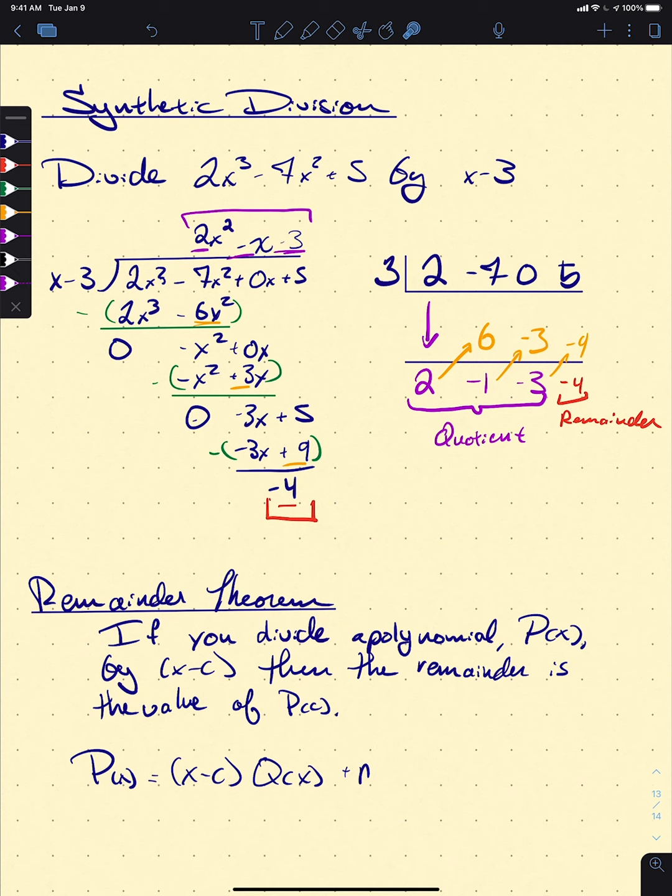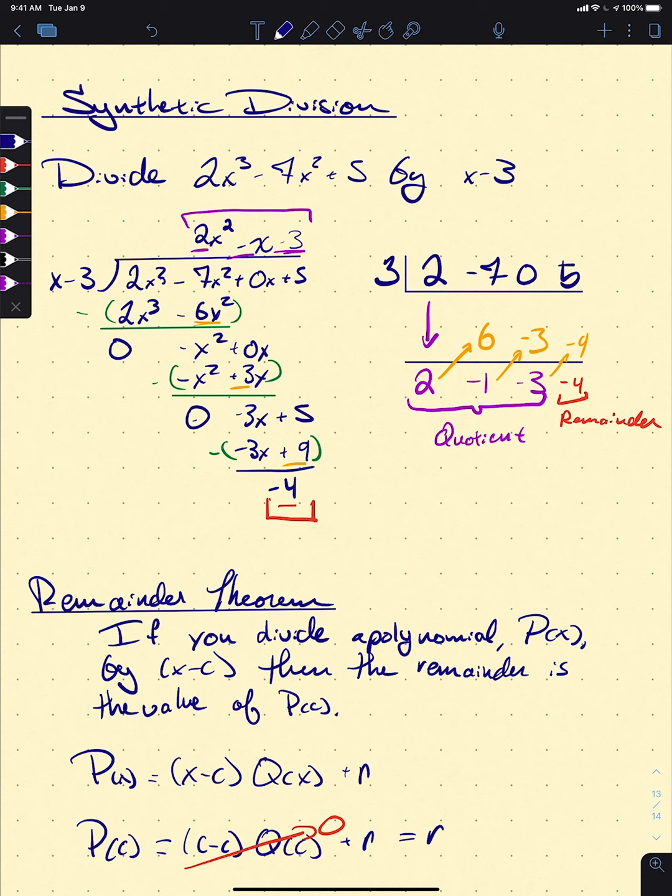There's no other option because it needs to have a degree less than this guy, which is 1. But then what's p of c? Well, p of c is c minus c times q of c plus my remainder, but c minus c, that's 0. So the only thing left over is my remainder.